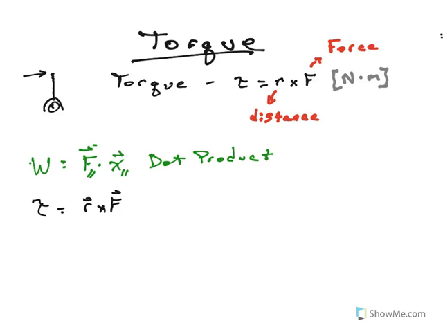The distance R is also a vector, so this is another type of multiplication, a second version of multiplication. It's completely different from the dot product, and it's hard to think about it when you're so used to normal math with numbers. You know, you multiply, there's only one way to multiply. 3 times 5 is 15.